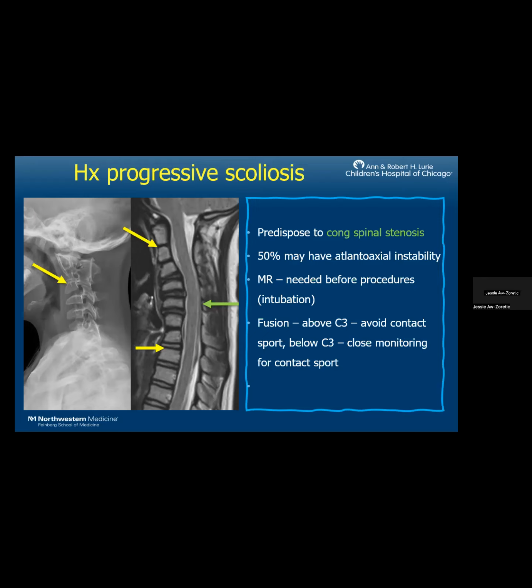So they should have an MR before any of these procedures, just to delineate any of these issues. And they have a lot of these congenital fusions. Here, both on X-ray and MRI, here's the C2. It has this wasted appearance here.